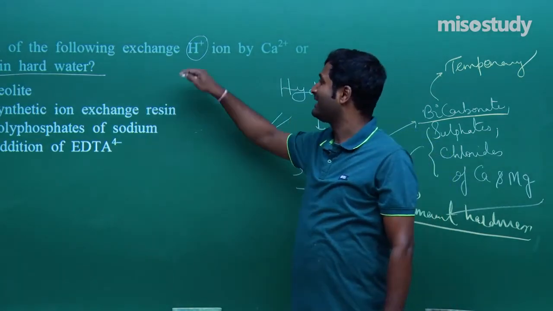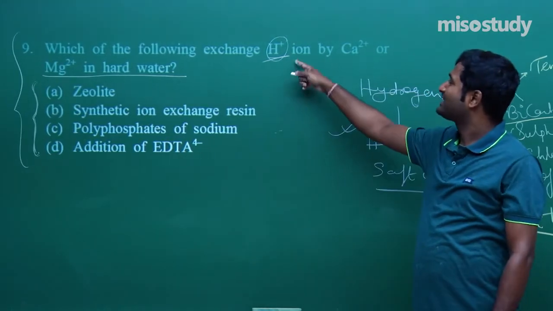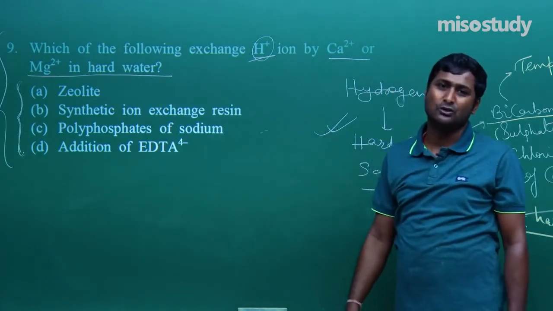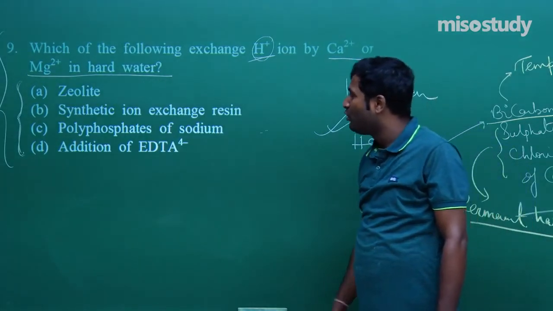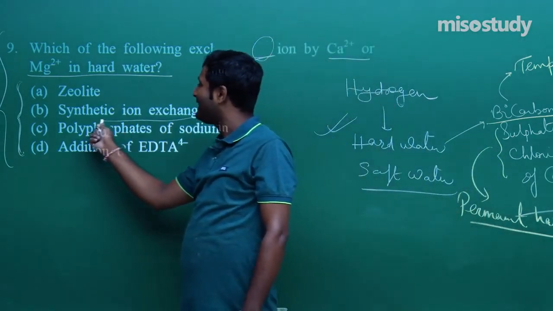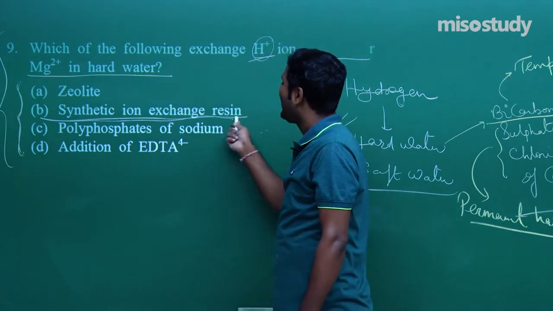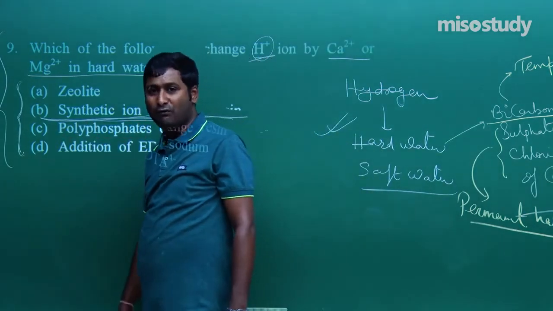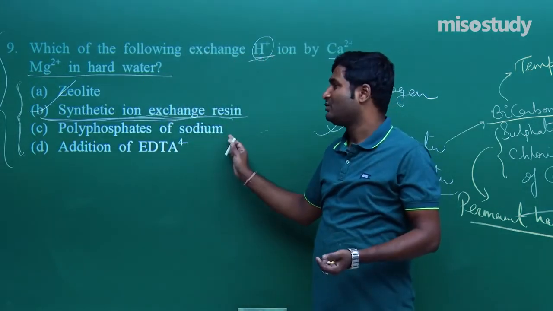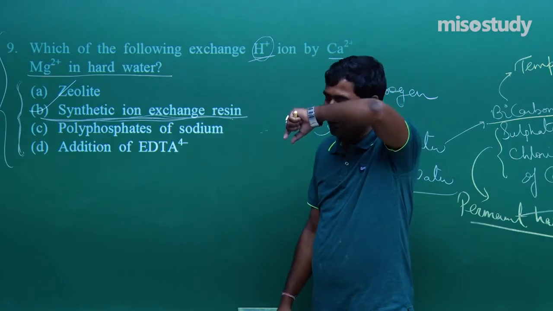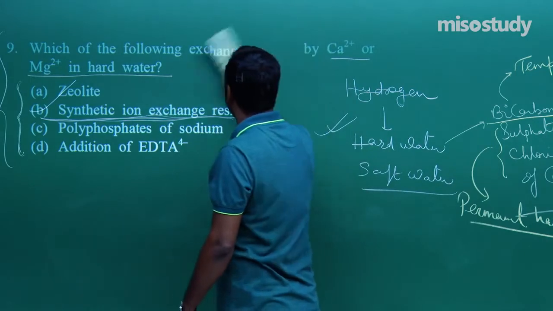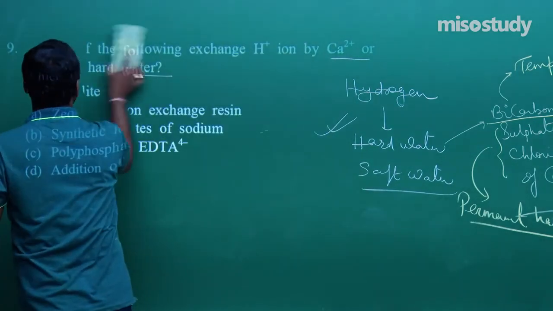In ion exchange resin, there is an exchange of H plus ion by Ca2 plus and Mg2 plus in hard water. So what is the method in this case? That is the synthetic ion exchange resin method. So B is the correct option. Am I right? You are absolutely right. Again I am repeating, B is the correct option. Now I am going to rub this part and wait for a moment.